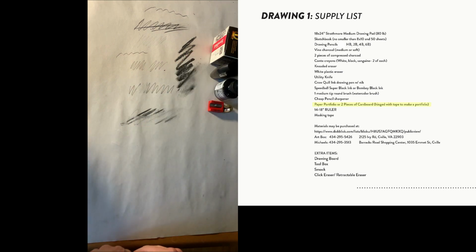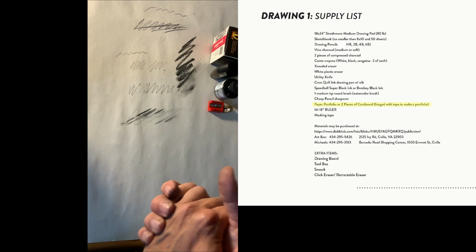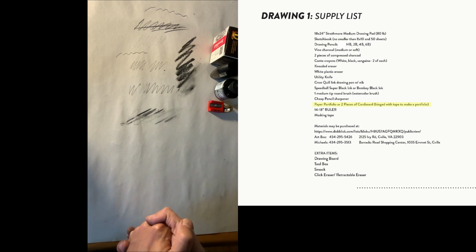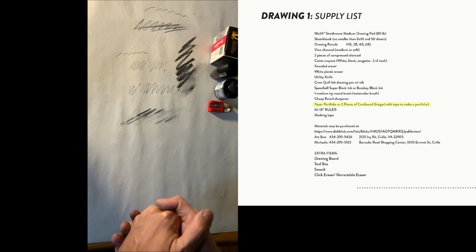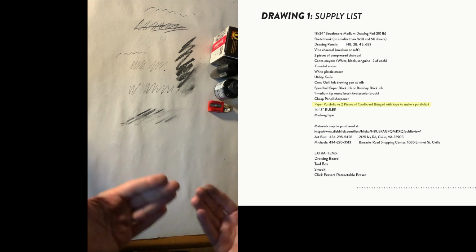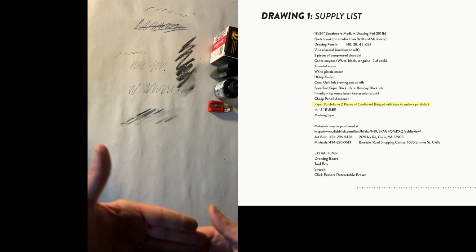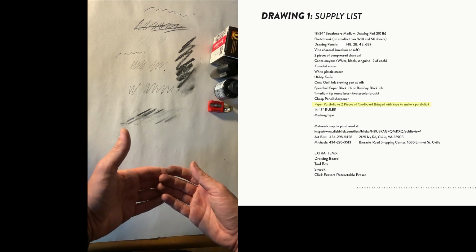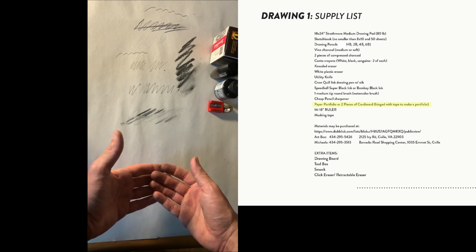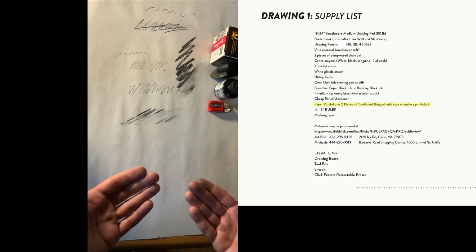And the next thing I'd like for us to have is a paper portfolio. Now, a paper portfolio is optional. You can use 2 pieces of cardboard to create a hinge and create a paper portfolio. It's not mandatory that you get a portfolio because I won't be picking up a portfolio in asynchronous class, but it's nice to store your art in something. You can always store it in the back of your drawing pad, but I'm not requiring you to get a portfolio, but I'm saying that it might be something that you want to get.